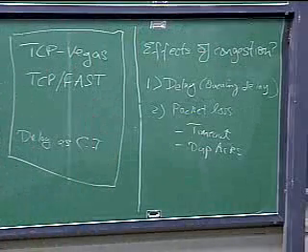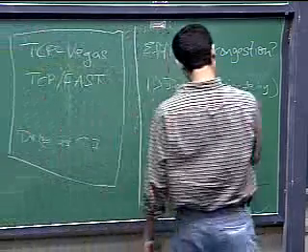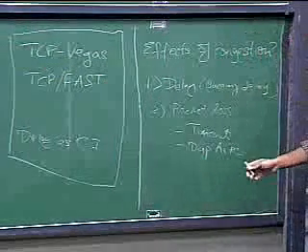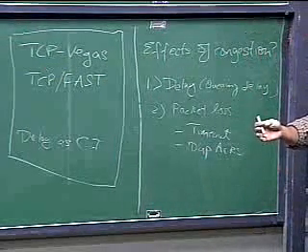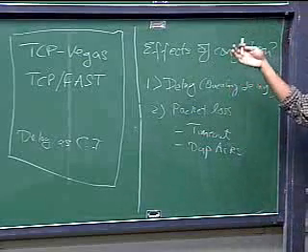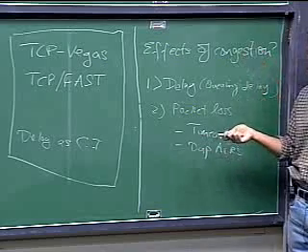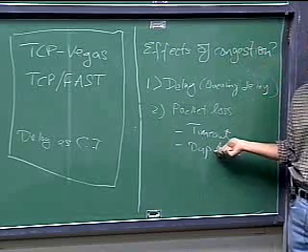Which is the most severe form of congestion? Timeout. Timeout is the most severe form of congestion because duplicate ACKs indicate that although one data packet got lost, subsequent data packets were able to make their way through and generated duplicate ACKs. So this is a more severe form of congestion than this.